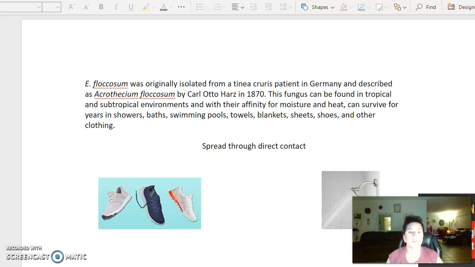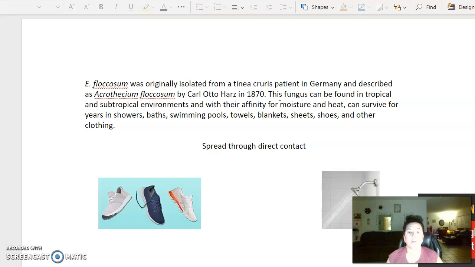This E. floccosum was originally isolated from a tinea cruris patient, which we'll talk about momentarily. The cruris is within a particular anatomical space, and tinea refers to the fungus.